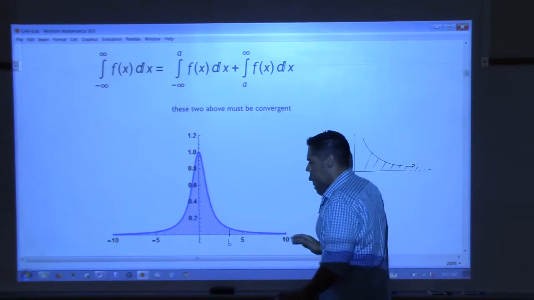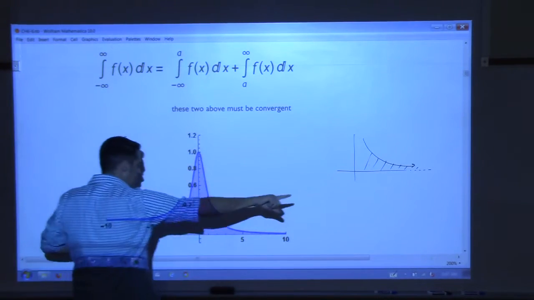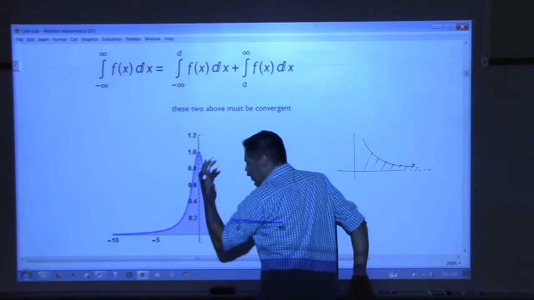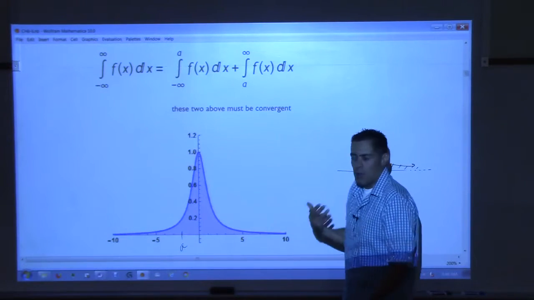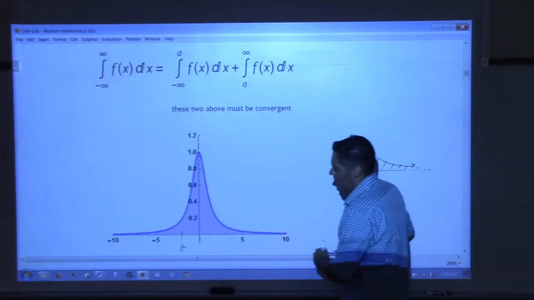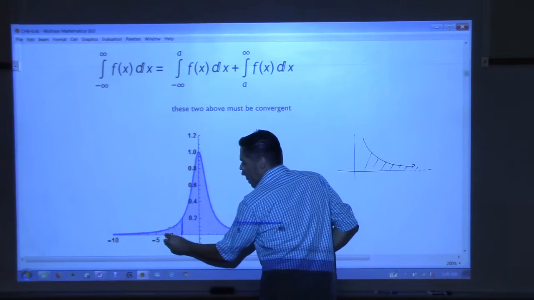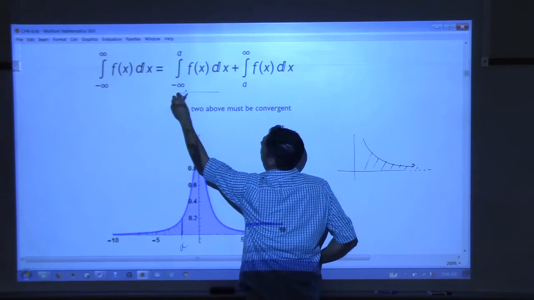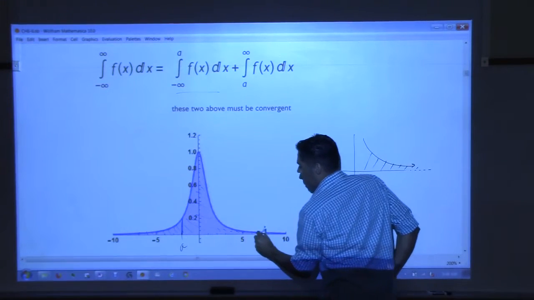So it's kind of like you say, I've got to go that way forever and that way forever, so I'm just going to pick any point I want in between. Anything I want, a. And then I'm going to split this up. I'm going to find that area, that would be this integral, and then from a on to infinity would be that integral.